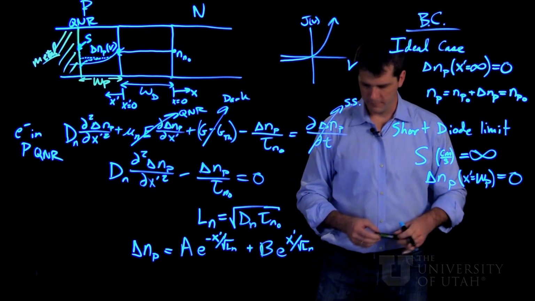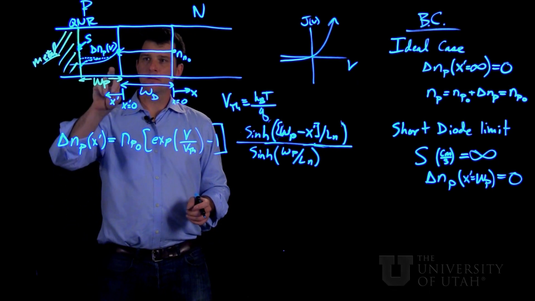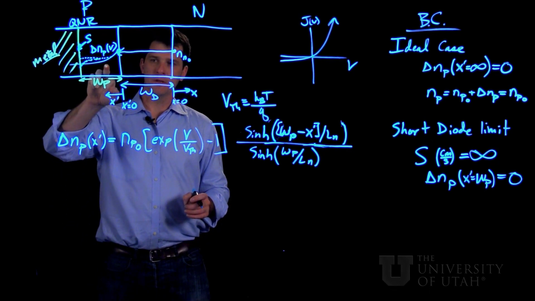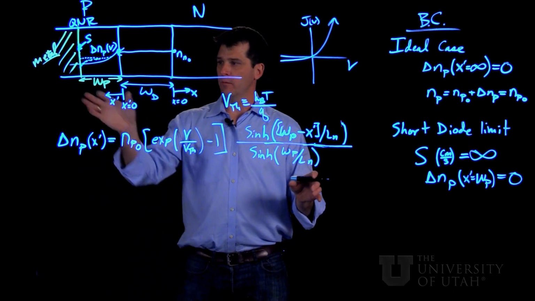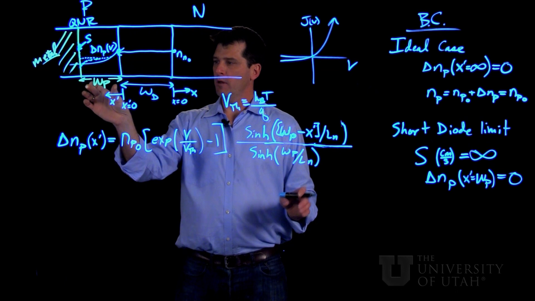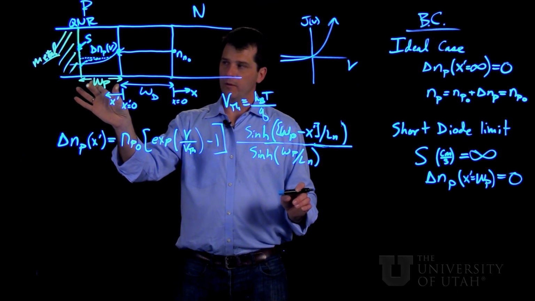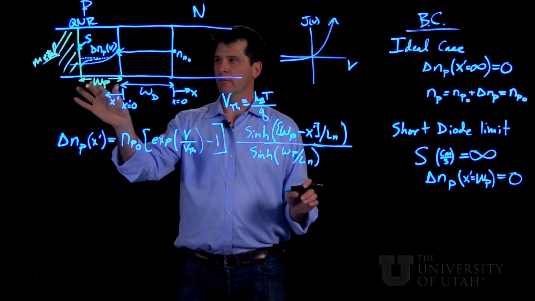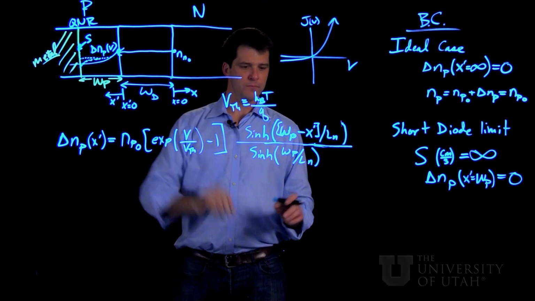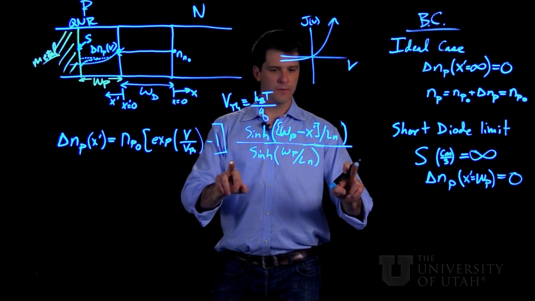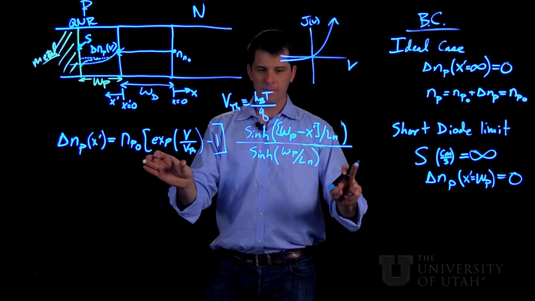So let's take a look at that. So I've written here the expression for our excess carrier concentration in the p-type region in the case of a so-called short diode, where this finite width of the p-type region is comparable to or even smaller than the minority carrier diffusion length. So you end up introducing this hyperbolic sine term on the end of the expression.